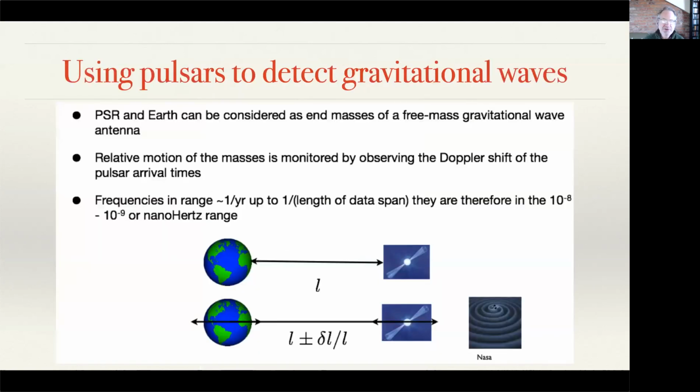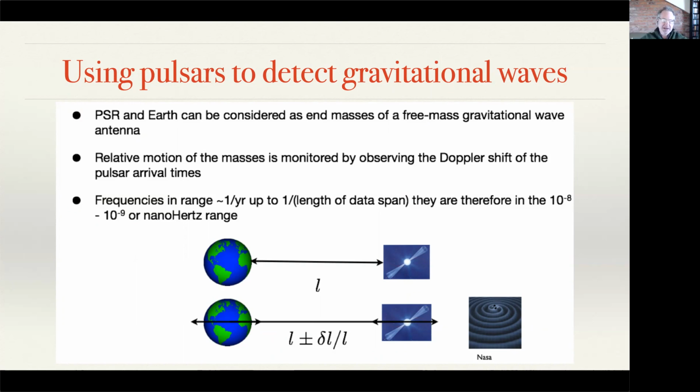So I touched on this previously, and you may remember some of this from the previous presentation that I gave to earlier cohorts. But I think it's worth reminding you of this capability that we have of using pulsars to try and detect gravitational waves. So you've probably heard about the detection of gravitational waves using LIGO and Virgo. And how that works is that you have these perpendicular cavities down which lasers are fired.